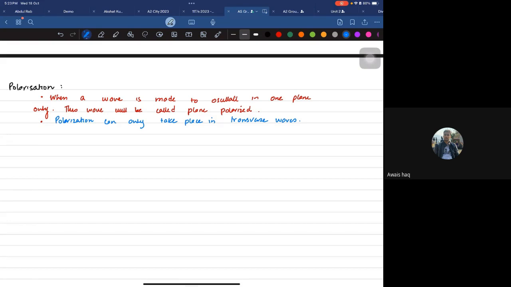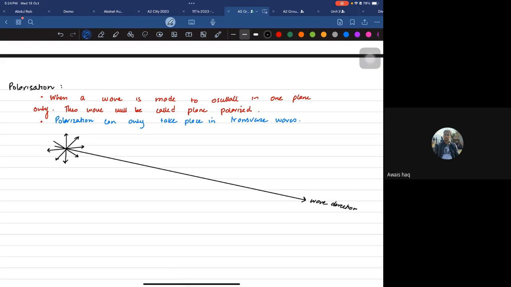So what happens is that suppose a natural source like the sun or a bulb sends waves in this direction. So you can write wave direction. The waves oscillate in all the planes: vertical plane, horizontal plane, and planes at certain angles, like this.